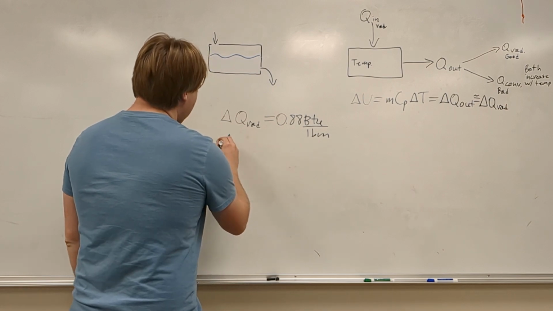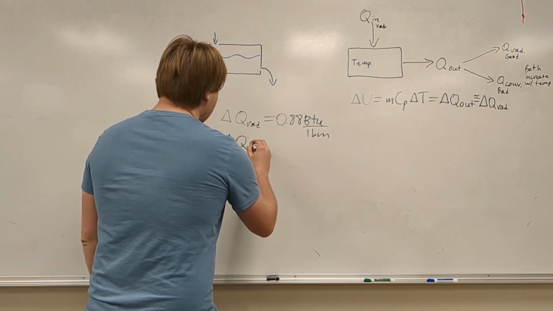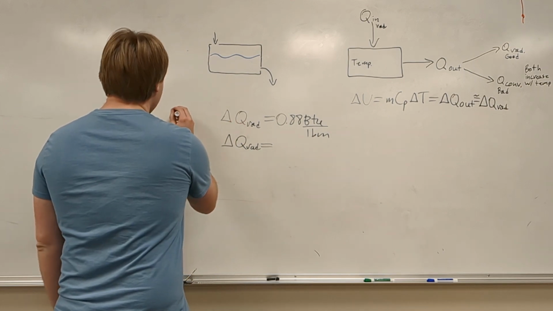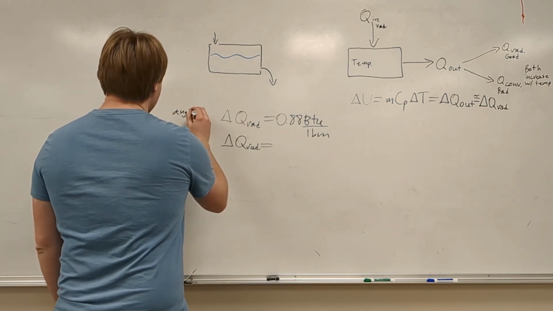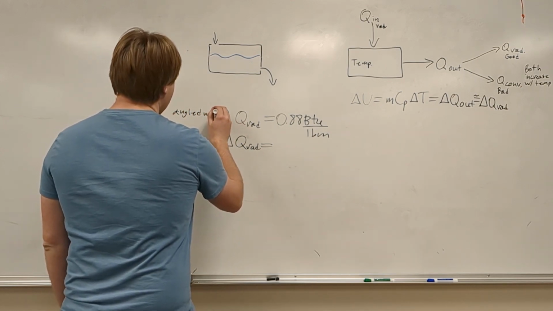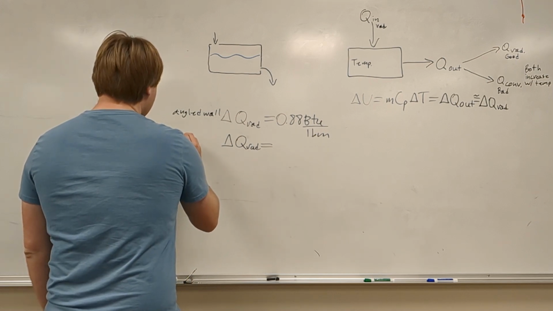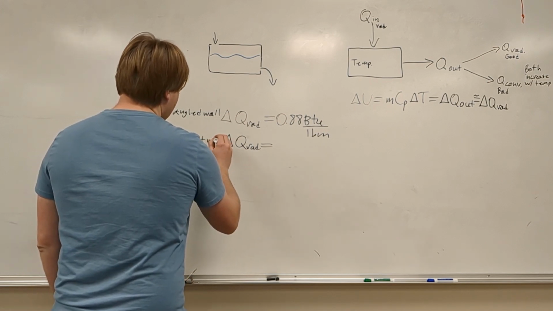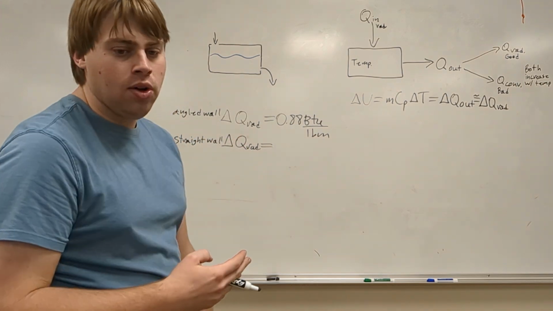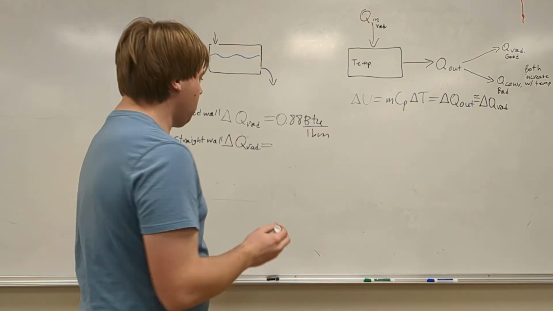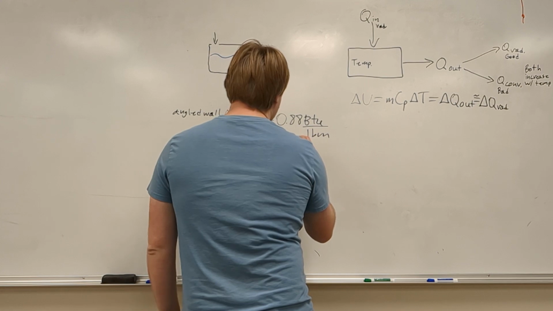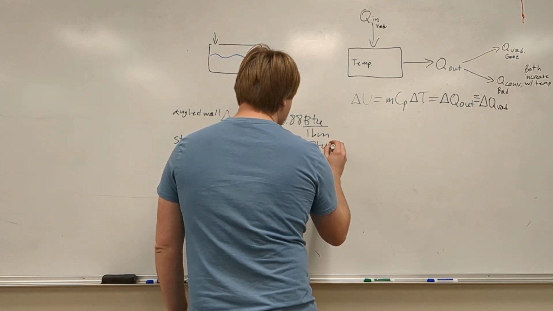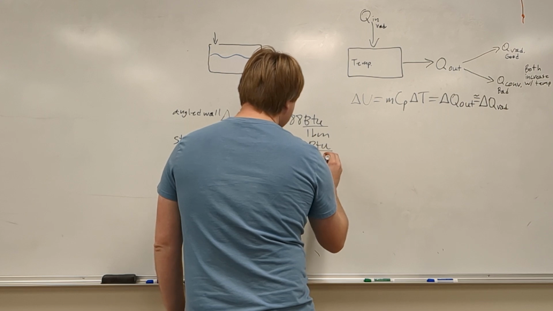And this one's for the straight wall. For our straight wall, we got a change of 0.83 BTUs per pound mass.